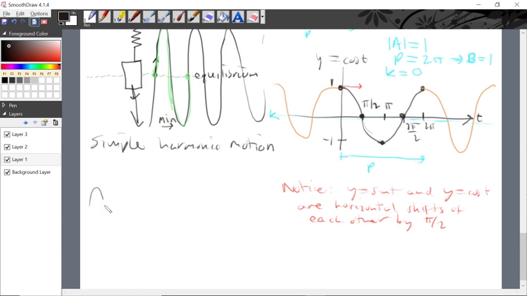All right, let's take a waveform that is simple harmonic motion, so no damping here.